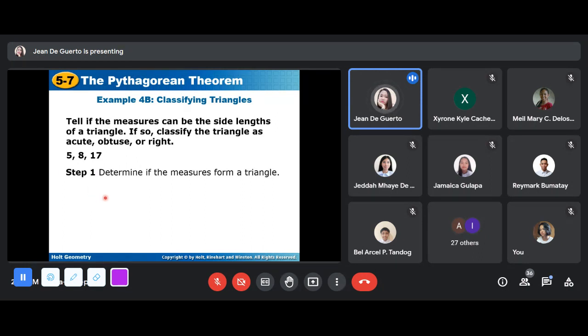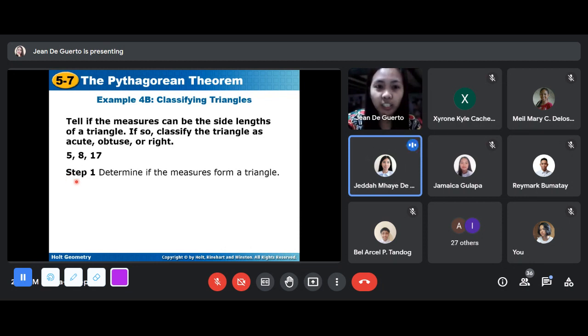So sides ba ng triangles ito? Possible sides of a triangle yung 5, 8, and 17? No, ma'am.